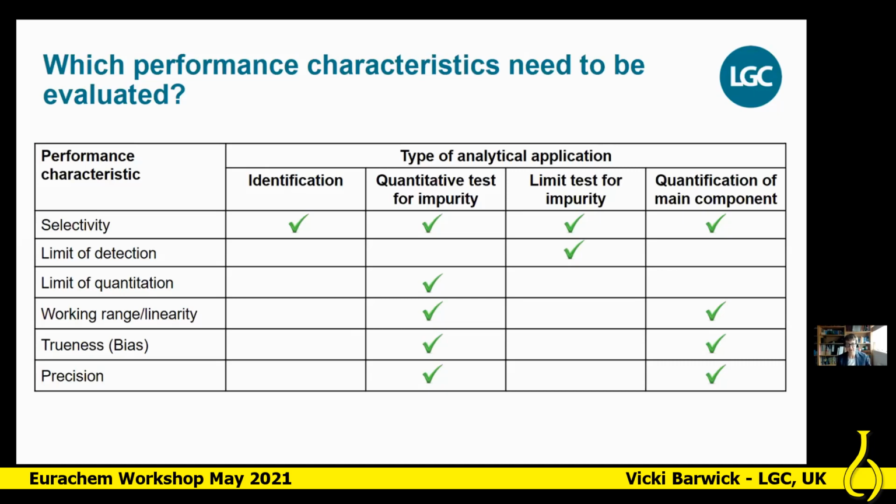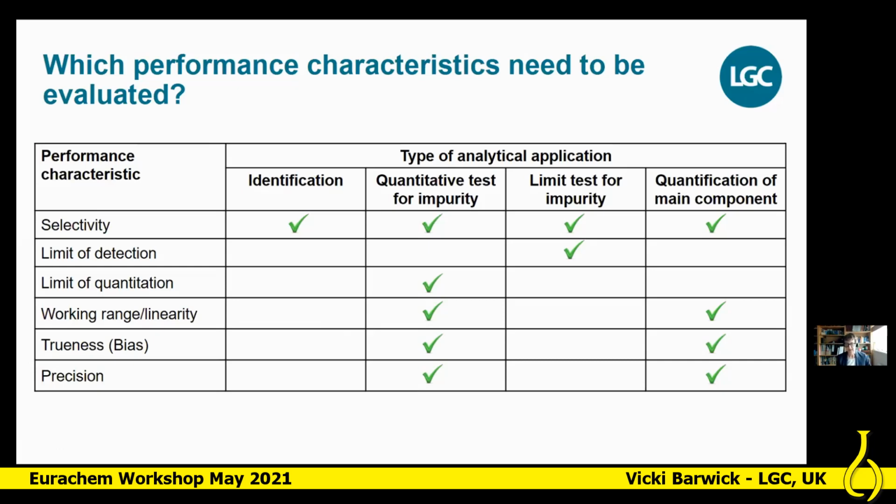So this table is actually taken from the Eurachem Fitness for Purpose guide, and it's actually based on a table, I think, from one of the pharmaceutical standards for method validation. So that's why it's talking about things like impurities and main components, but the principle would hold across all different types of measurement sectors. Sometimes we're just interested in perhaps identification and not quantification. So in that case, perhaps a fairly limited number of performance characteristics might be of interest.